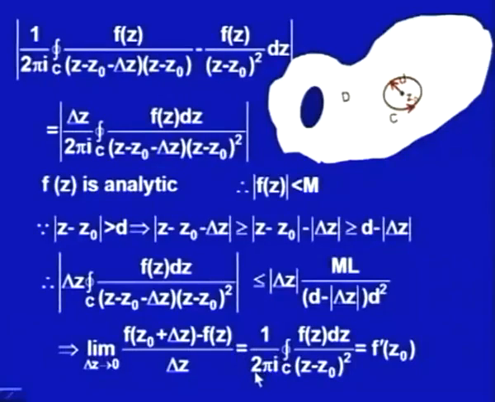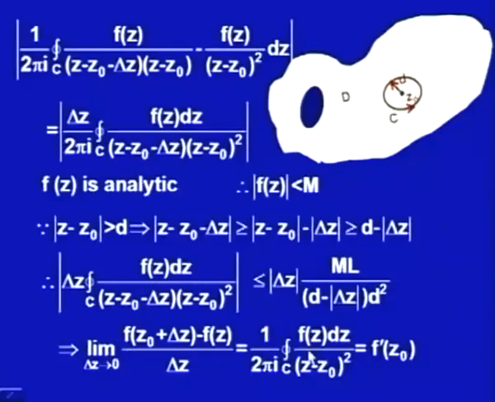So, what we had proved, from the Cauchy integral formula, is that if f is analytic in a domain D, then f dash z naught is again we are getting in the form of this integral.